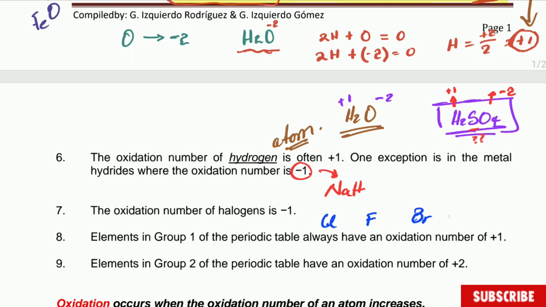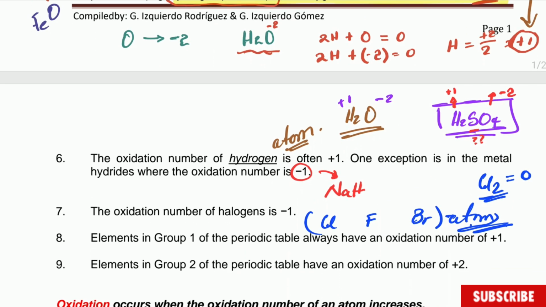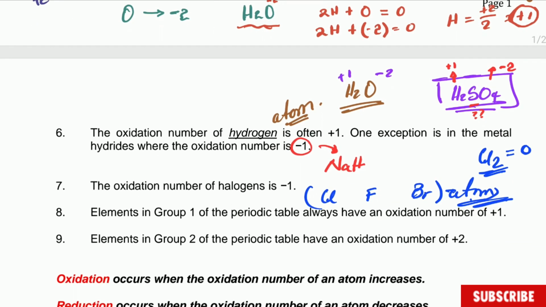All these ones here are atoms. If we have Cl2, that is not an atom, that is a molecule. And this, as a molecule, will have an oxidation number equal to 0. It was rule number 3 for us. You can go back in the video so you can see the rule. So be careful.